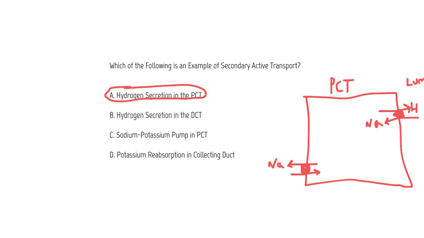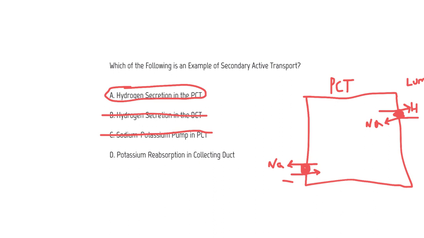Remember that hydrogen secretion in the DCT was via a hydrogen ATPase or a hydrogen potassium ATPase. So that's primary active transport. And the sodium potassium pump that we were just talking about over here, that is another form of primary active transport, as it's directly using ATP.